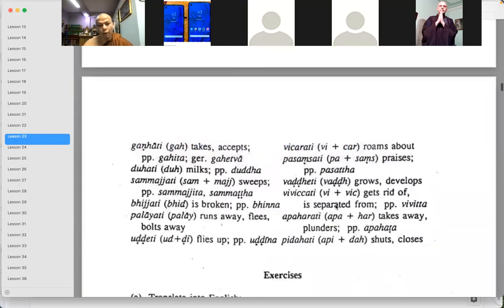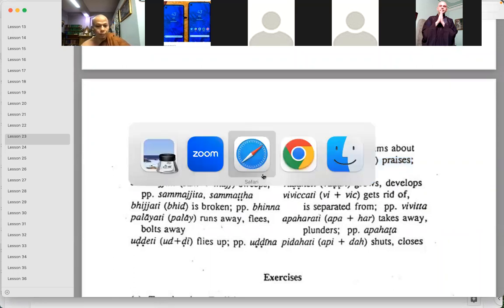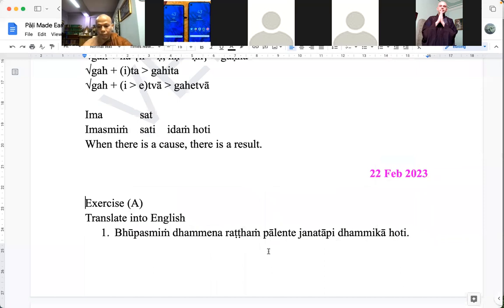So we are learning vocabulary in lesson 23. Here the verb is doha, di. The root is duh, the sign is R and D mix. And then for the past participle, the root is duh, the sign is R and then D. So duh, her, D, that is the verb form.